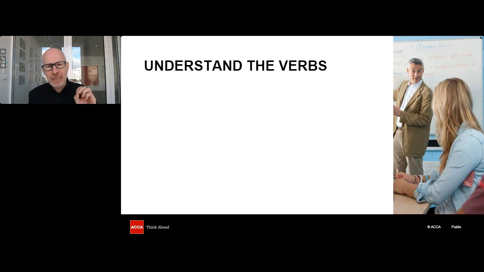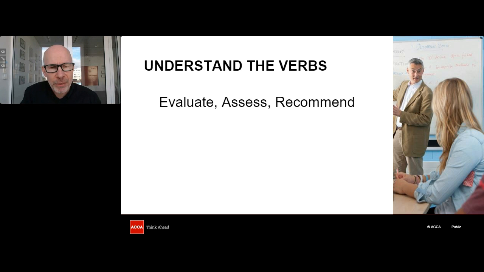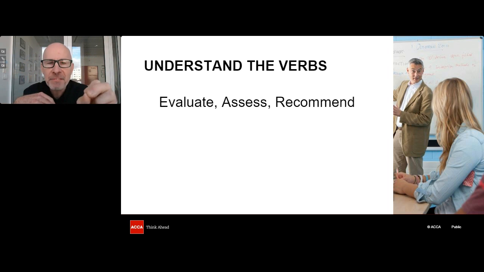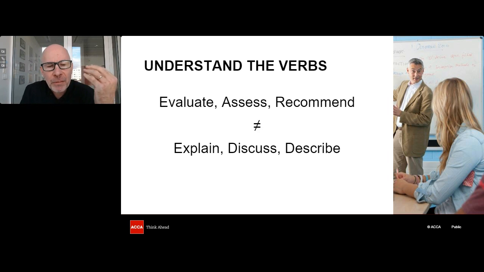Second tip, everybody, the verbs. I know you've heard this over and over, but it's important. In APM, you're getting verbs like evaluate something, assess something, recommend, critically evaluate. This is not the same as explaining something, describing, or discussing.